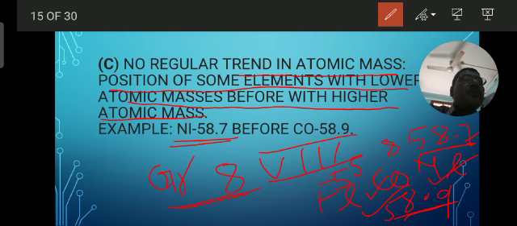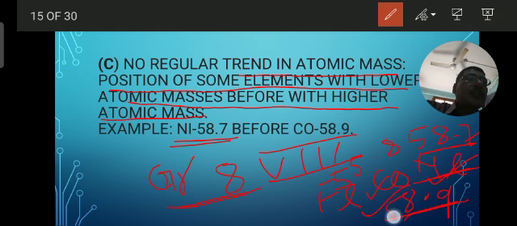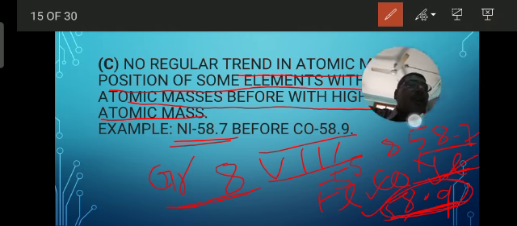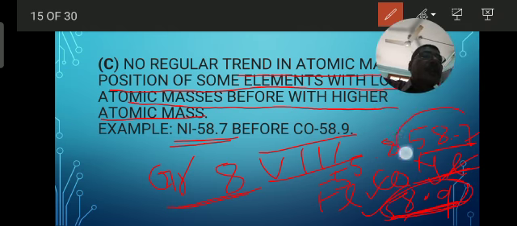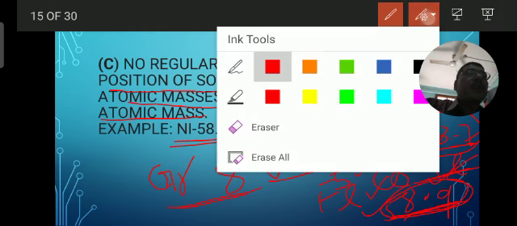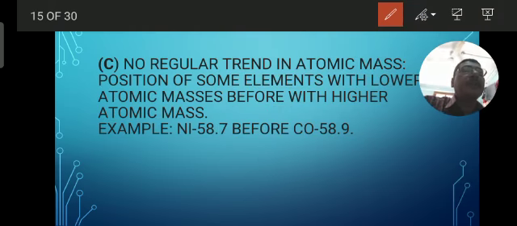It means he is not obeying his own law. He told that elements are kept in the increasing order of their atomic masses. So here the increasing order of atomic masses is not followed. First the element with the higher atomic mass and after that the element with the lower atomic mass, that is 58.7 of nickel. So this is another drawback found in Mendeleev's periodic table.